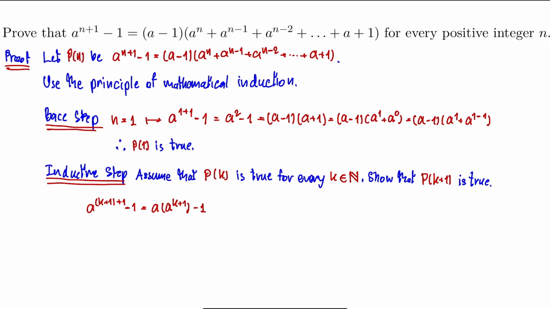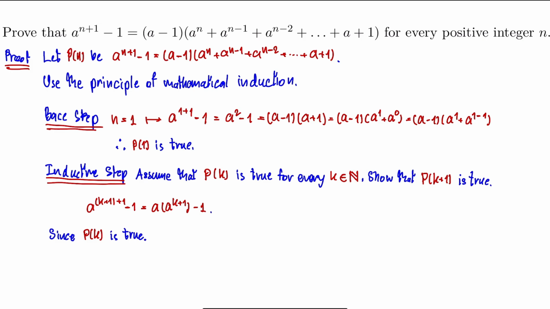Oh, let's use this assumption. We have the case where P(k) is true because we can transform this term into something. So we need to start with this. Since P(k) is true, what do we have?